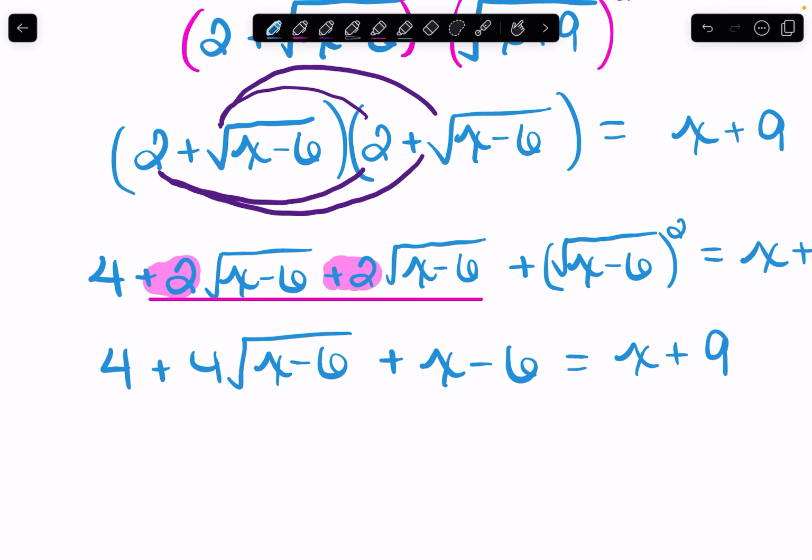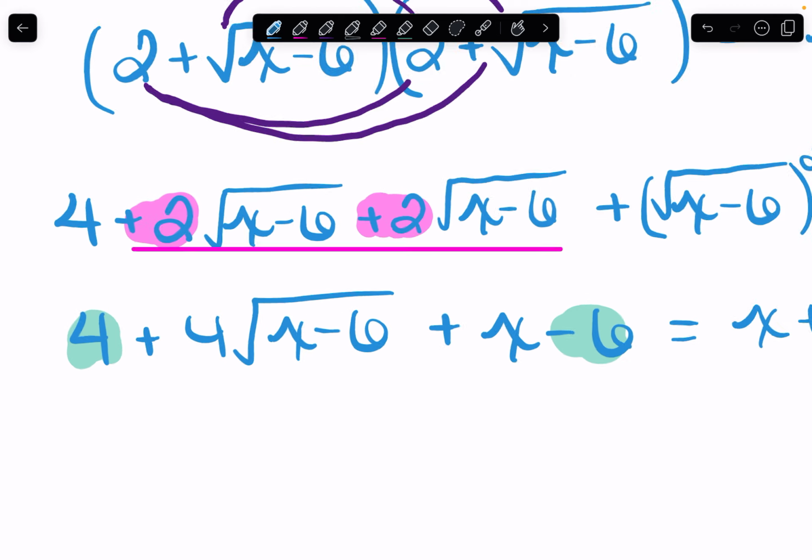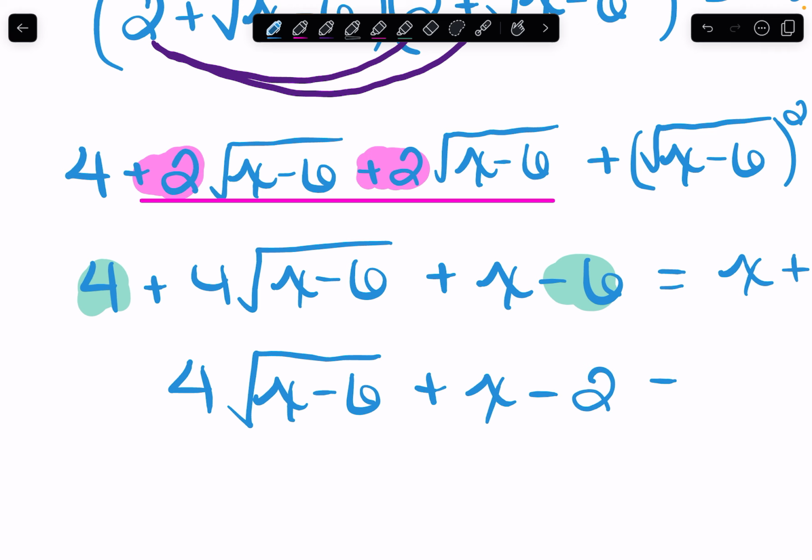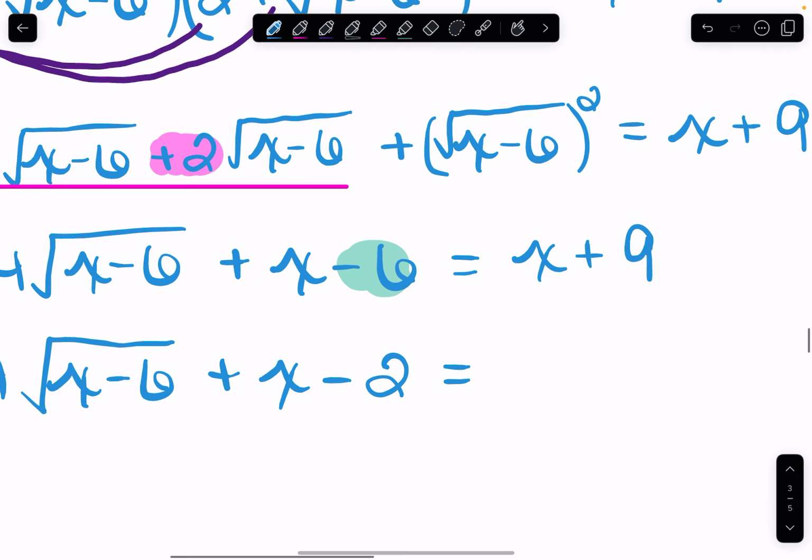I can combine the negative 6 with the 4. The order things get written in doesn't matter. I'm going to keep the square root on the front. So we've got 4 times the square root of x minus 6 plus x, and then 4 minus 6 is negative 2 equals x plus 9.